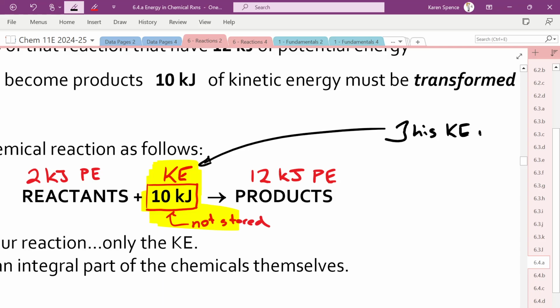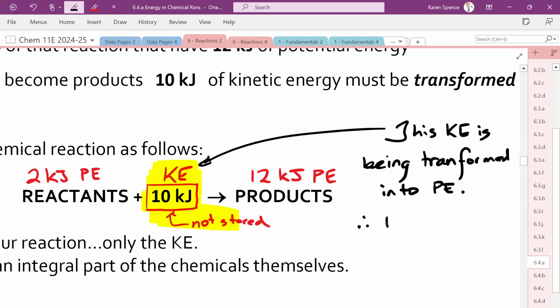This kinetic energy is being transformed into potential energy. So what is happening to our temperature? The temperature is decreasing.